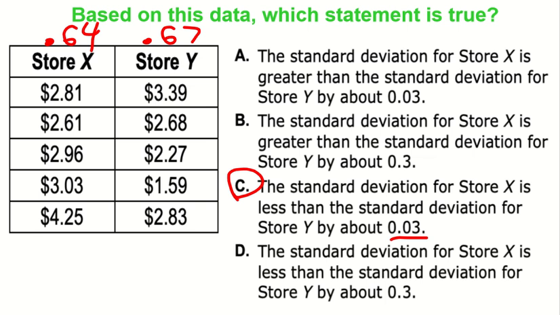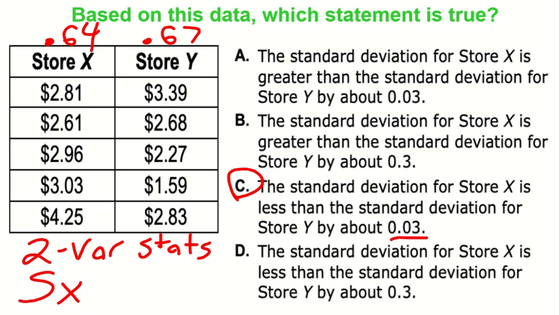With the calculators, if you enter these in at the same time, like L1, L2, and then you do the 2 variable stats, you can have the standard deviation of x, and you can get the standard deviation of y.